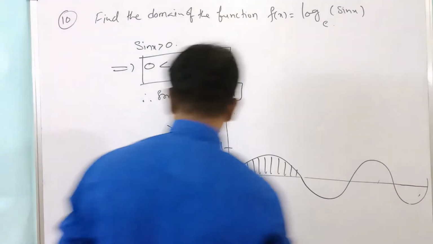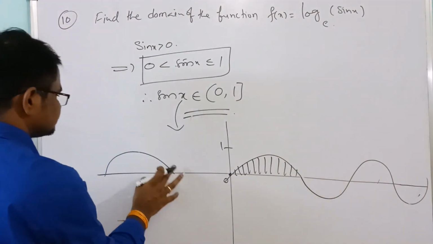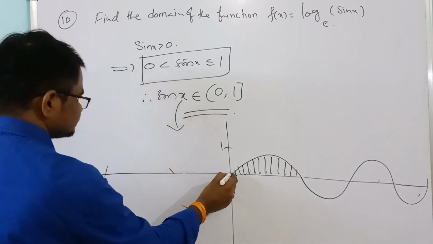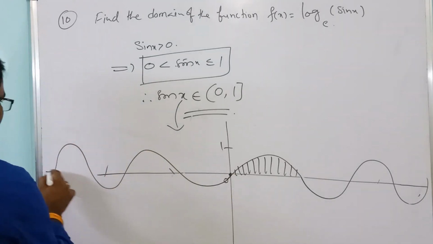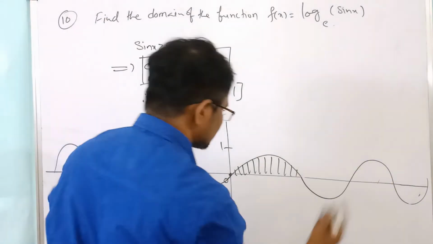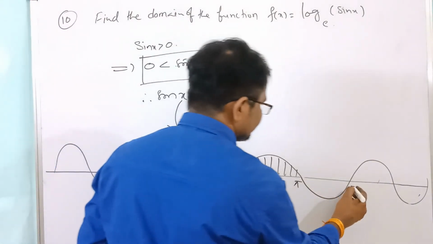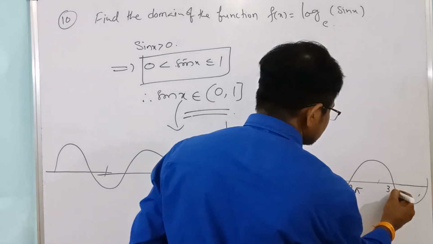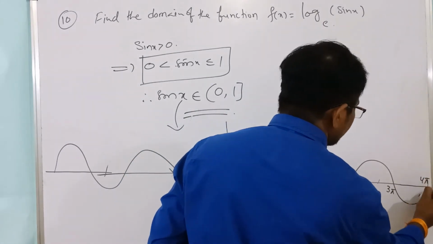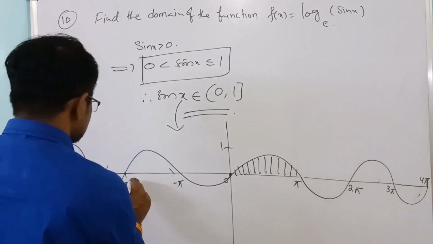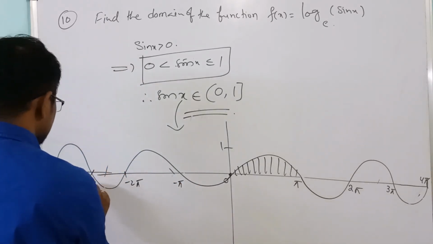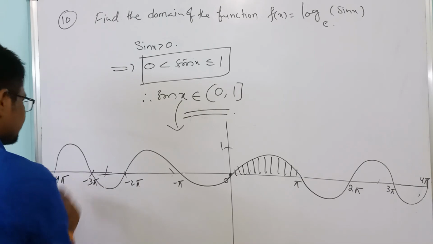Like this, suppose you take some more values. This is pi, this is 2 pi, this is 3 pi, here it is 4 pi, right? Here minus pi, minus 2 pi, minus 3 pi, minus 4 pi.